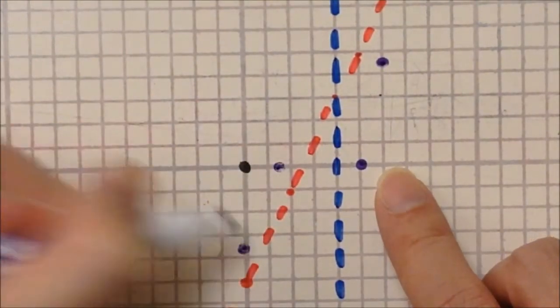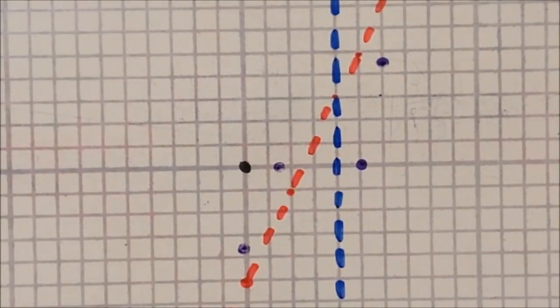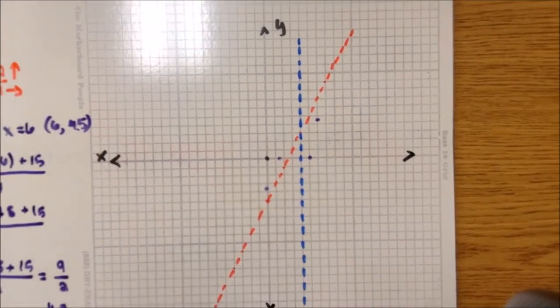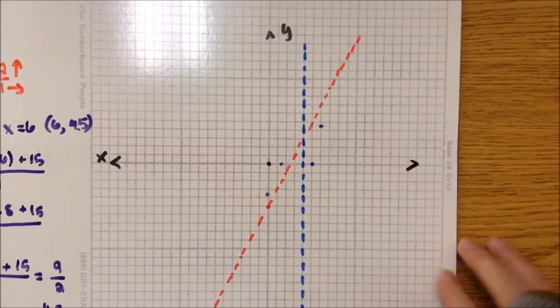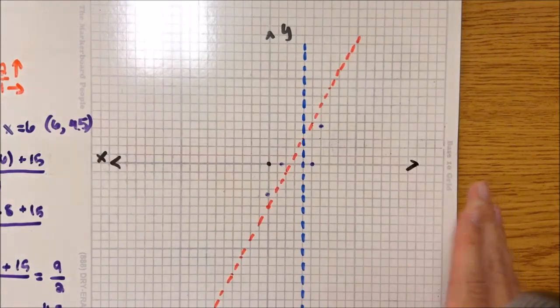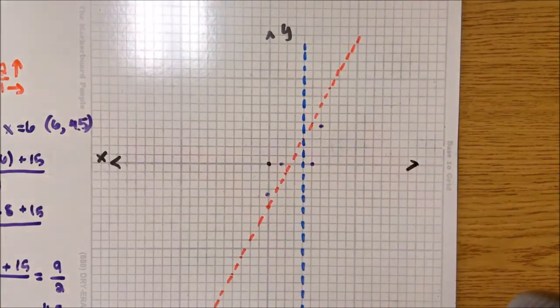Let me mark the other points. Alright, so we got 2 points, and if I zoom out for y'all to see, there's nothing here, there's nothing here, so we're good. We got 2 points here, we got 2 points, so that's good. So that's why I said in the rule, most of the time we just need 1 or 2 points left and right of the vertical asymptote.